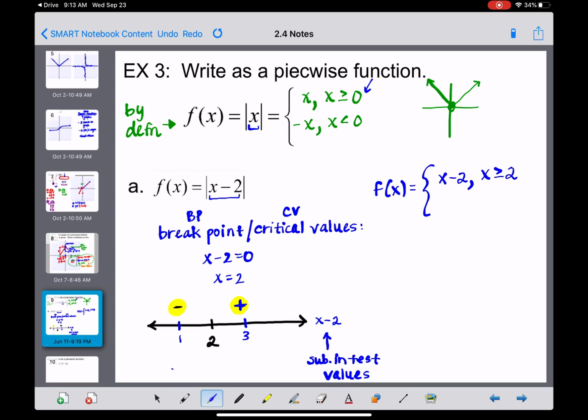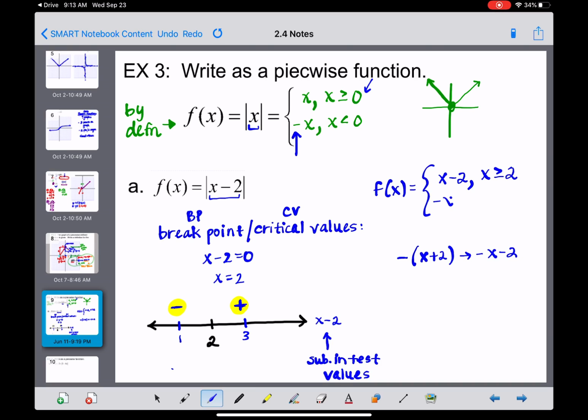To get the next part, you'll notice the minus here. That's when it's the opposite of x. Remember, x is what's inside the absolute value. So I'm going to show a little work outside. We're going to do the opposite of what is inside the absolute value. So if we simplify that, we get negative x minus 2.